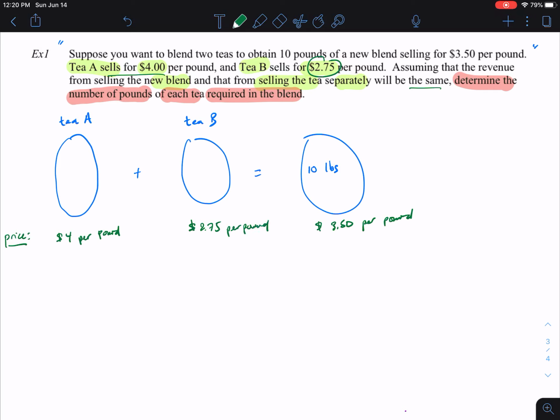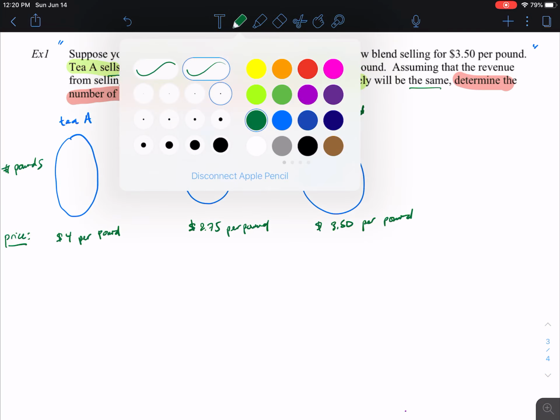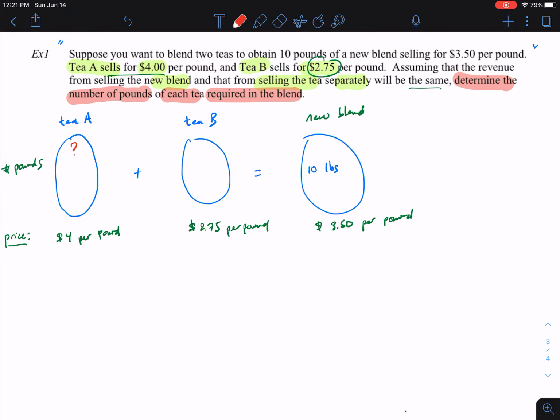So far, we want to mix two teas. Let's call this new blend TC. We want 10 pounds total of the new blend, and we don't know how many pounds of TA and how many pounds of TB we want to mix together so that you get 10 pounds of the new tea.